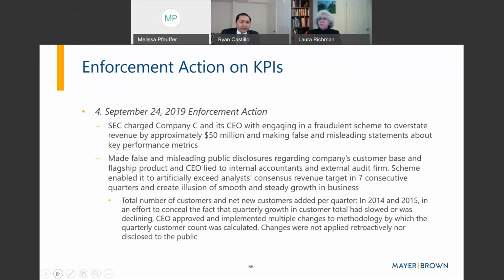The last example is a case of manipulating key performance metrics. The SEC charged Company C and its CEO with engaging in a fraudulent scheme to overstate revenue and making false, misleading statements about key KPIs. The company manipulated the metrics total number of customers, net new customers added, and its flagship product revenue.